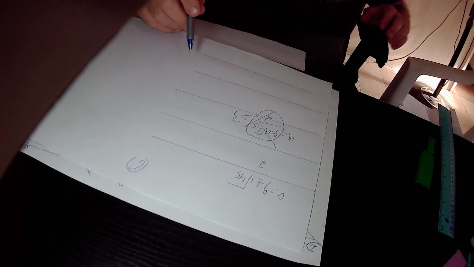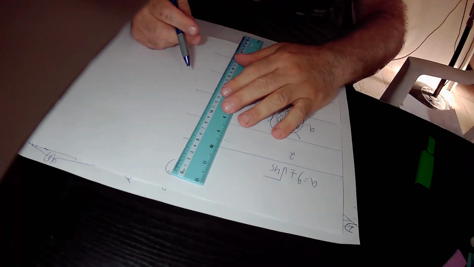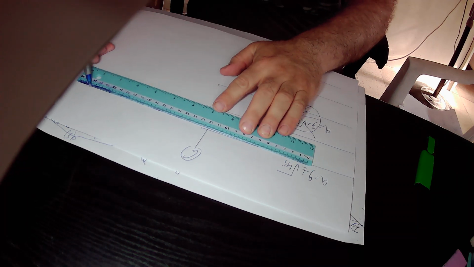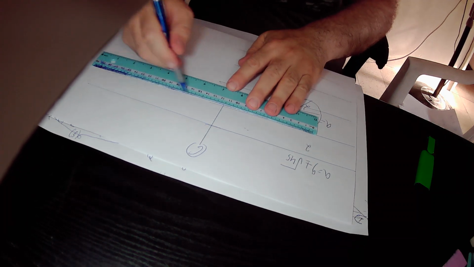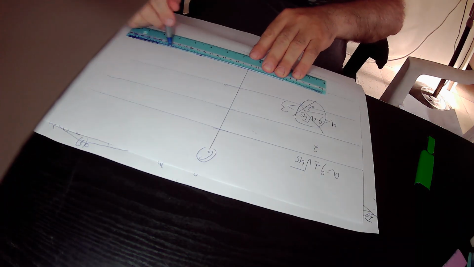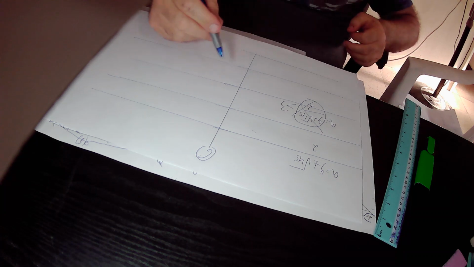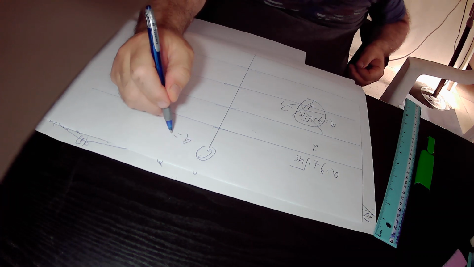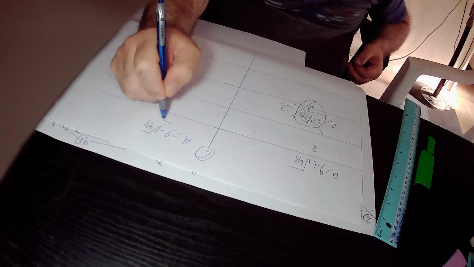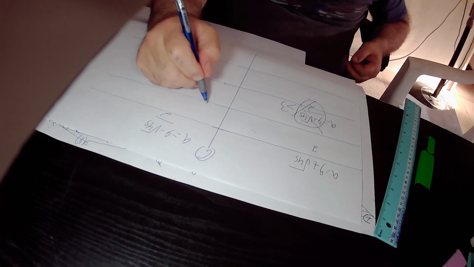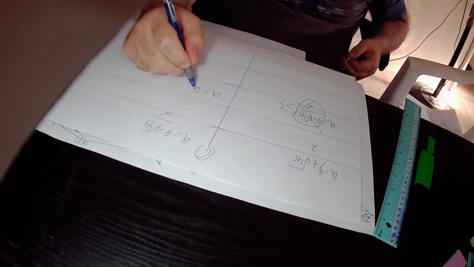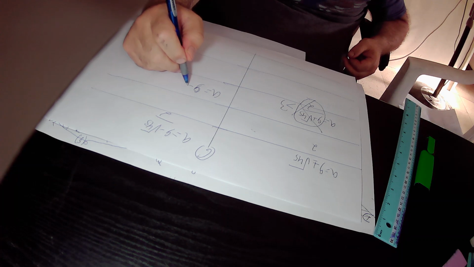According to the second solution for a, the radius of the small circle equals 9 minus square root of 45 over 2. So a equals 9 minus square root of 45.